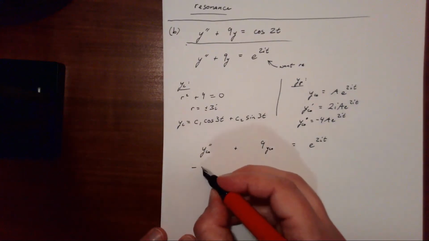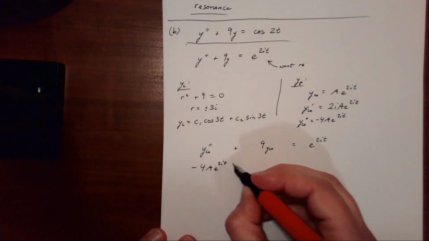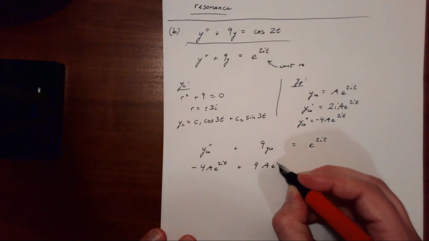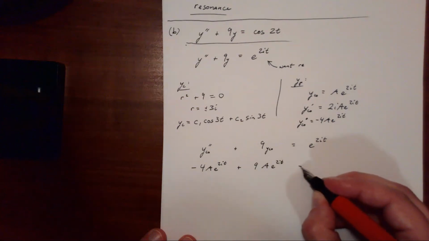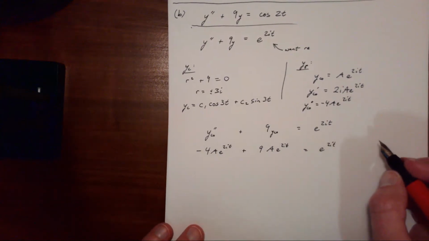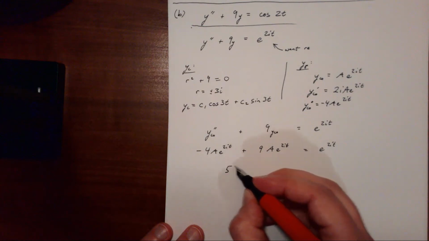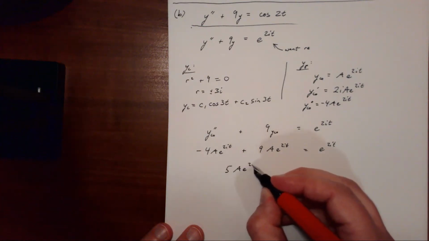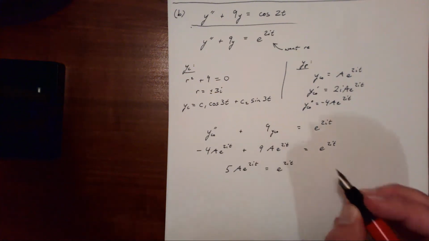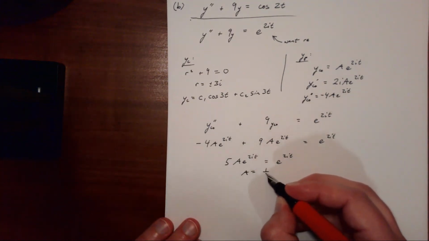So then we're going to have negative 4a e to the 2it plus 9a e to the 2it equal to e to the 2it. And what's this going to give us? It looks like we're going to have 5a e to the 2it equals e to the 2it. And so we're just going to get a equals 1/5.